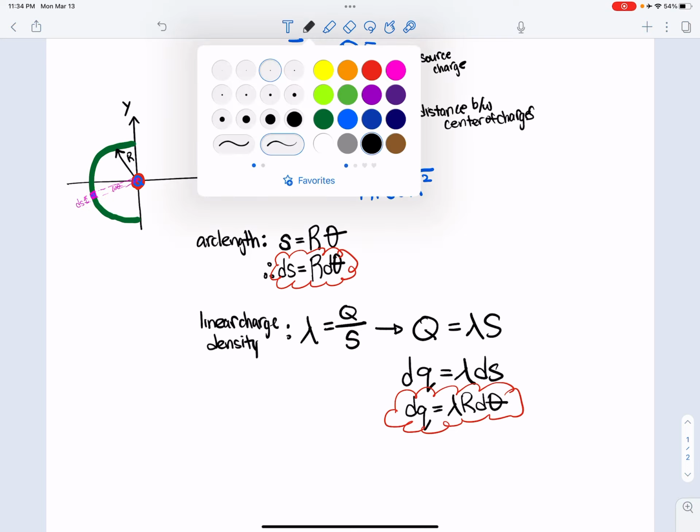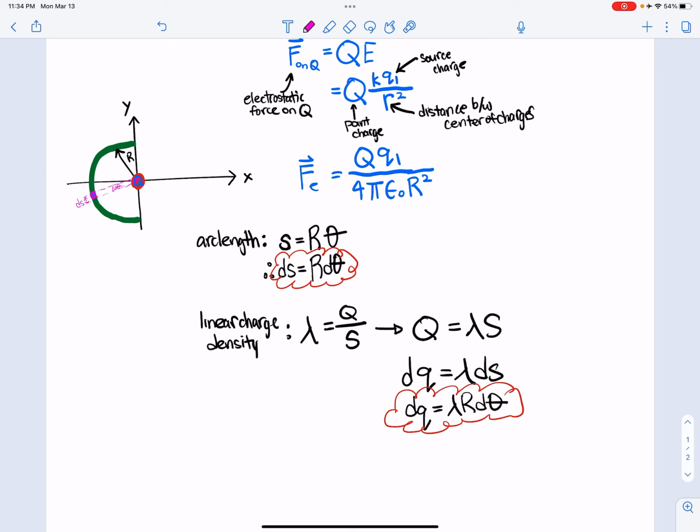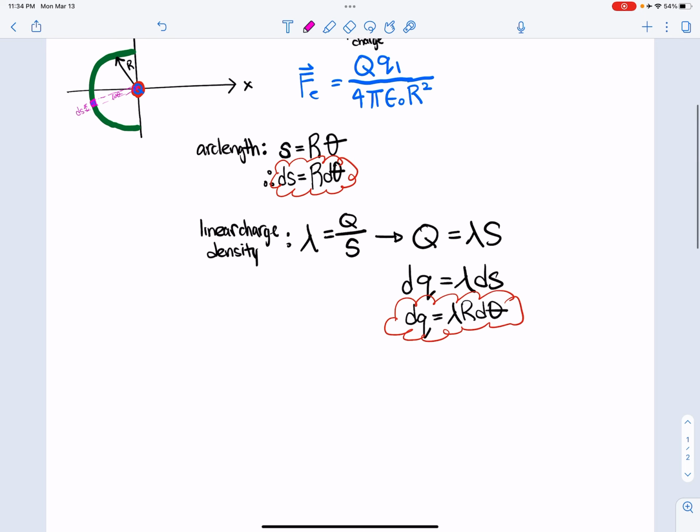And remember, in this entire semicircular wire, we have an infinite number of small segments, and we just have to add them on top of each other.